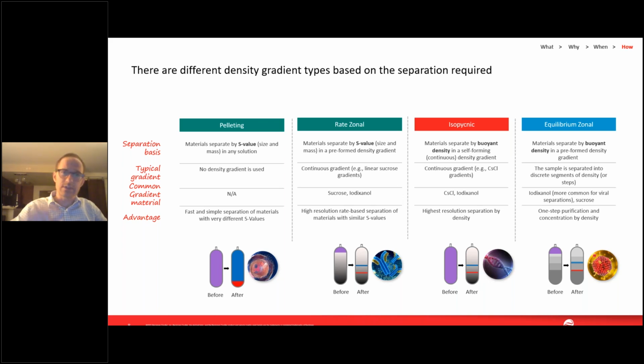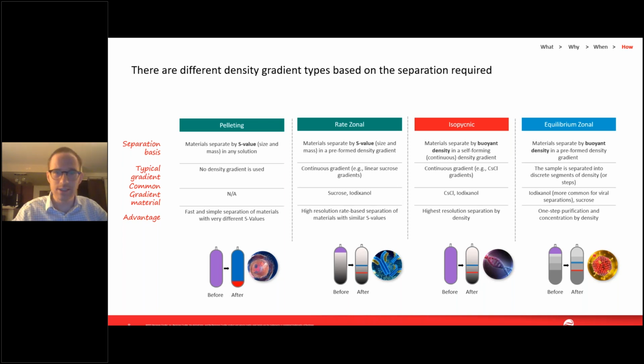The sample goes through these kind of discrete chunks of density. And so at the lower density areas at the top, you might have all your junk, your lysate, etc., and your sample might migrate down to a lower layer. This has the distinct advantage of being fast. And so you have a one-step purification and concentration process by density.